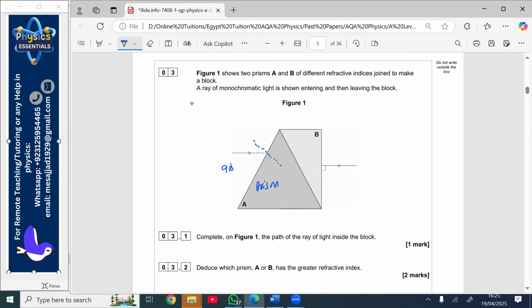So I am going to create a normal first of all here, and then light will be bent towards the normal. Okay. So this is your angle of refraction and this is your angle of incidence. You can see that the angle of incidence is more while the angle of refraction is less. Why? Because the ray is bending towards the normal. Because when light enters from a rarer medium or light medium to a denser medium, it bends towards the normal. Okay. And secondly, again here, you have to draw a normal line like this, and then it will go like this.